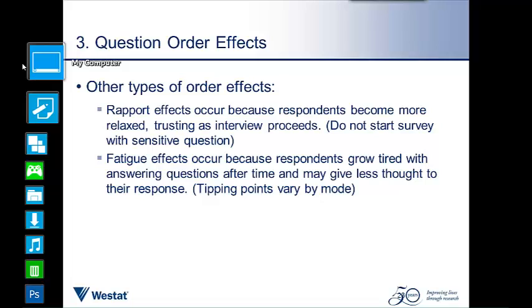Likewise, there are fatigue effects that can occur at the end of the survey because respondents are getting tired of answering these questions, and they start giving less thought to their response. And I put in here the tipping points may vary by mode. When I worked at Gallup, they had an 18-minute rule for telephone surveys that you could not administer a telephone survey in the field whose average length was more than 18 minutes because they had evidence that after those 18 minutes, respondents start getting tired and they start paying less attention and not giving us thoughtful responses to questions.